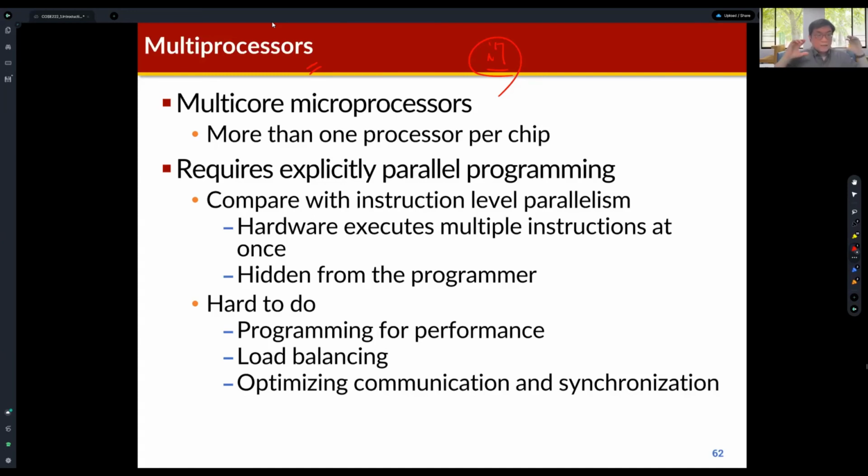Multi-core means independent CPUs, so a single thread, a single application, can run on each core. If multiple cores are fabricated in a single CPU, we can run multiple threads, like 8 threads, concurrently in this CPU. And what's the benefit?